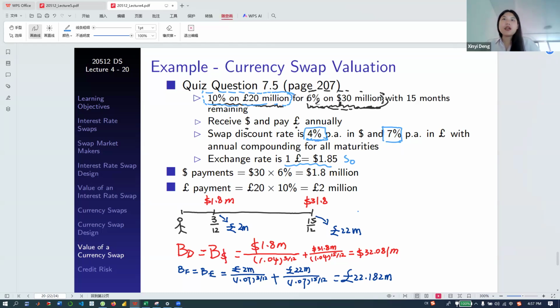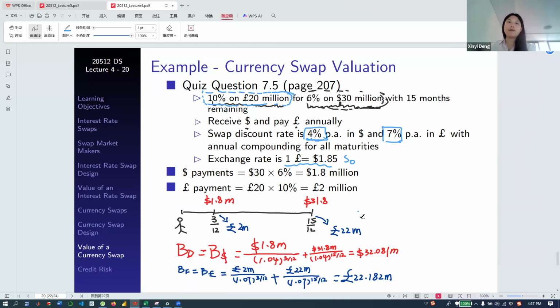That's going to be $1.8 million. Also for the pound payment, the sterling payment, the interest payment is simply the principal times the interest rate. So 20 million pounds times 10%. So it's 2 million pounds.